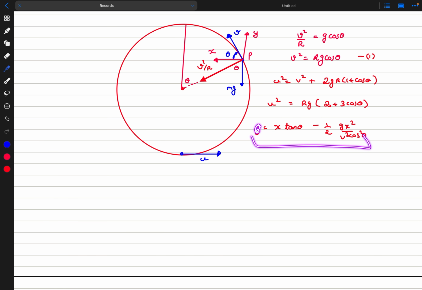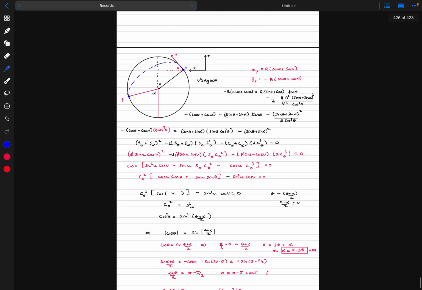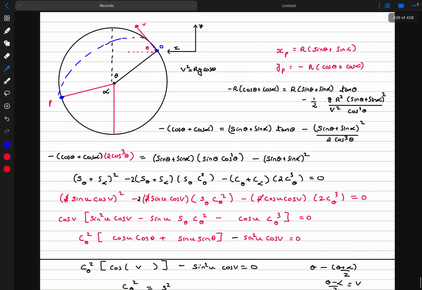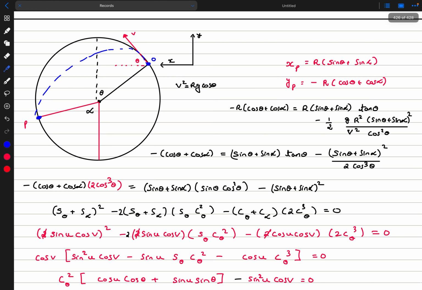To this equation just substitute the coordinates of this point and substitute v square as well. You get a trigonometric equation which, if you solve, you'll get the answer. But I'll show the calculation for the general case I was talking about, which is the angle alpha. Once again the calculations are a bit annoying, so the steps remain the same.